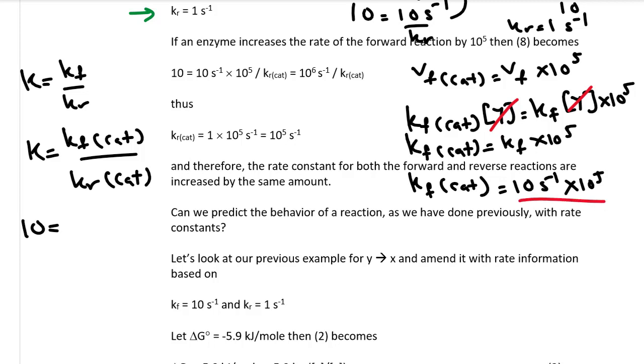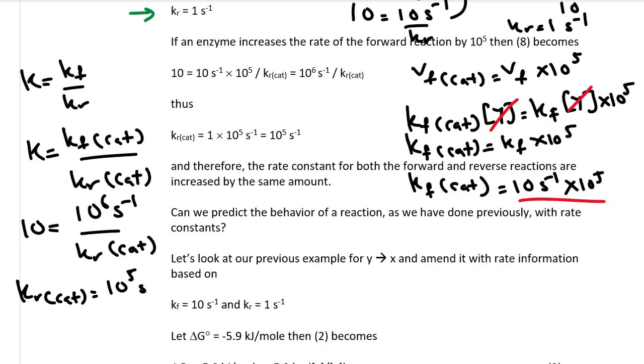This is just going to be 10 to the 6 per second over Kr cat. And then we do the same way of solving, which is we multiply both sides by Kr cat, and then we divide by 10. So we get Kr cat equals 10 to the 5 per second.